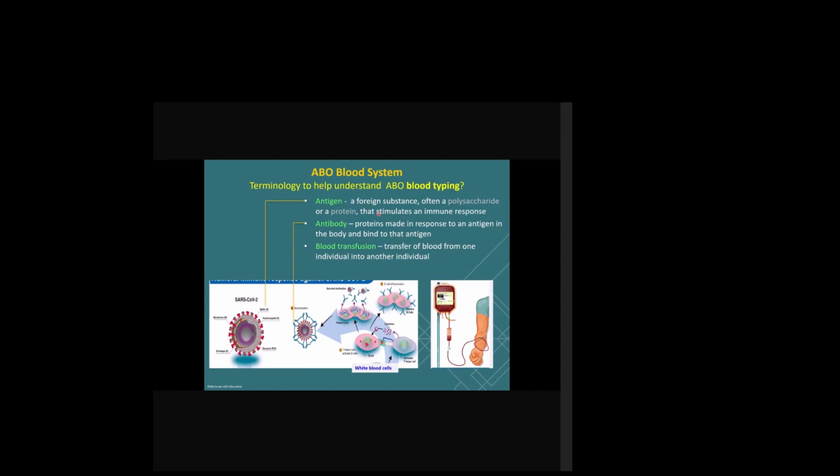Our red blood cells have some structures on them called antigens, and they could stimulate the immune system. What is the nature of these antigens? Some of them can be polysaccharides or proteins. You also hear the word antibody. An antibody is a protein that our bodies make to be able to fight an antigen that it has not seen before.